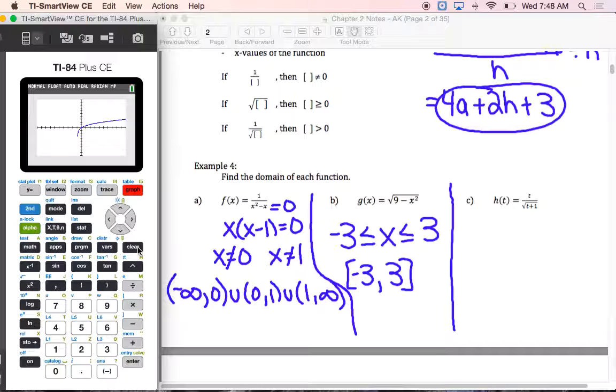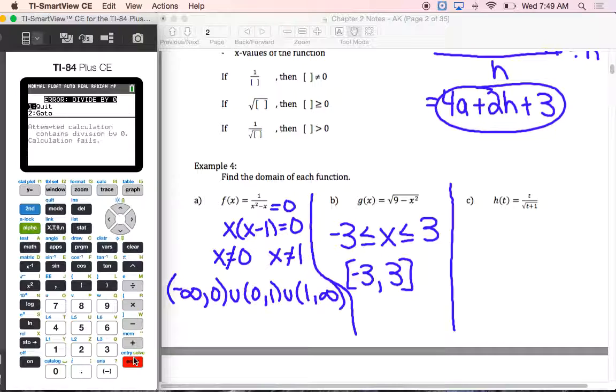So I'm going to clear my screen because again, -1 is where we're starting at right here. Clear my screen. And I'm going to do -1 divided by square root -1 plus 1. Now, if you see it comes up with an error saying you're dividing by 0, we can't put -1 into the problem.